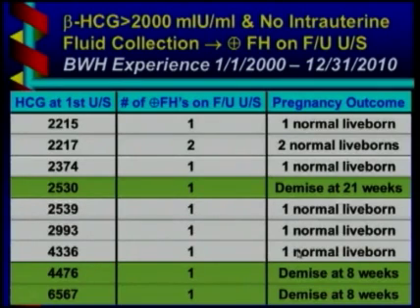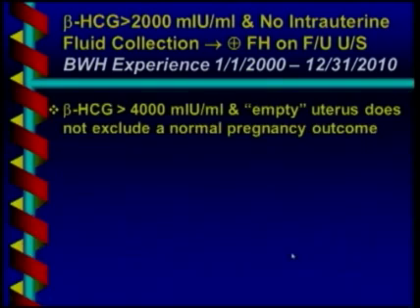6 of the 9 women with beta-HCGs above 2000 and no heartbeat and no gestational sac on the initial scan came back with a pregnancy seen on a follow-up scan. 6 of them had babies. The highest one is the one that I showed you with the HCG of 4300, who ended up with a normal live birth.